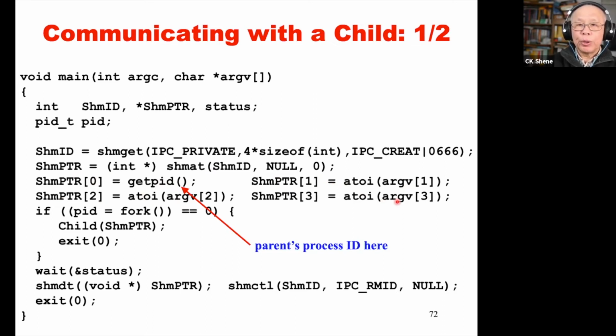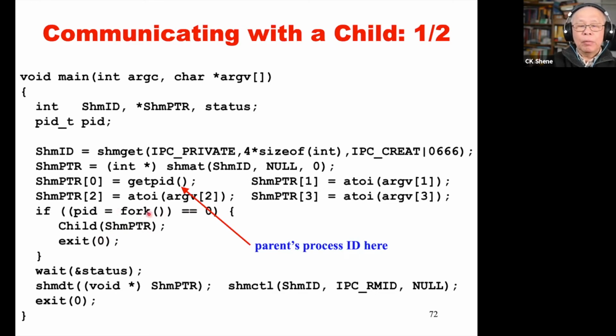Then I'm going to do something interesting. I call fork to create a child. So after forking and the get PID, if the return PID is 0, then I call the function. This function is supposed to be executed by the child process. When this function returns, the child exits.